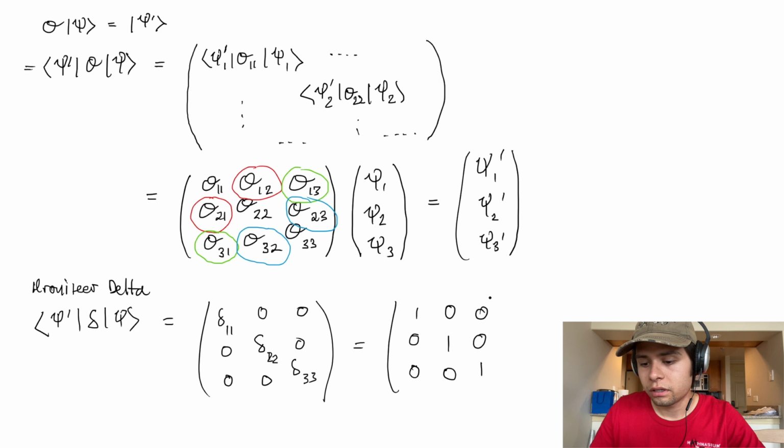In our case, we're just looking at 3 dimensions, but we can also look at larger dimension Kronecker delta symbols, and how they might translate a state from its initial to its final state.